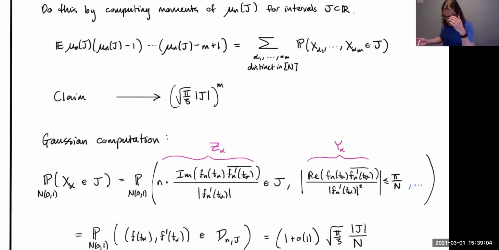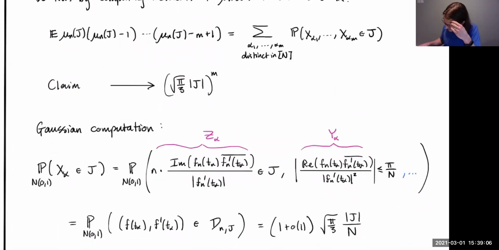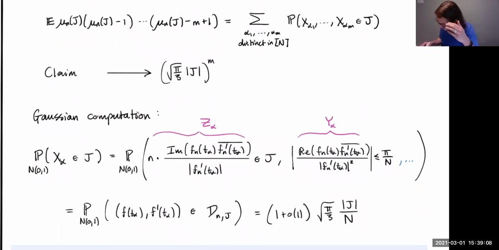And this is done in the Yakir Zaitouni paper. So here I'll just say, don't look carefully at this. It's the probability that a single point lies in J. So this was the probability that this Z alpha lies in a certain range, but also that Y alpha was smaller than a certain level, pi over N. And this is the formula for Z alpha, and this is the formula for Y alpha.